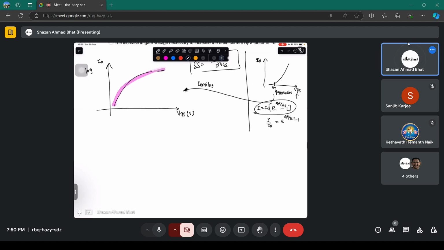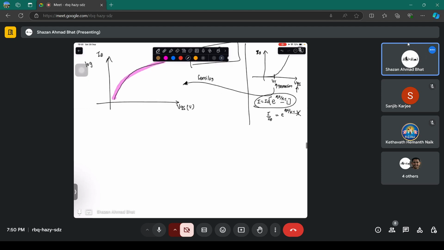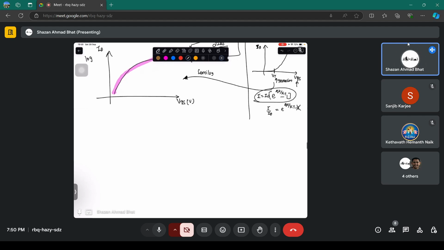Let's ignore the 1 for a moment by considering voltage to be much greater. Then ln of I by I naught equals qV by kT. You write V equals kT by q ln of I divided by I naught.